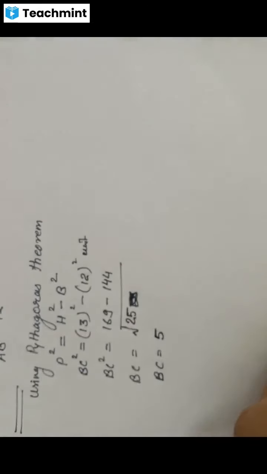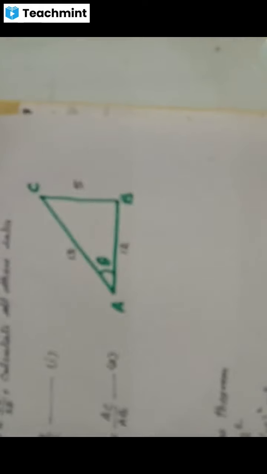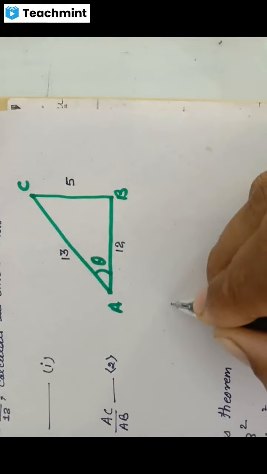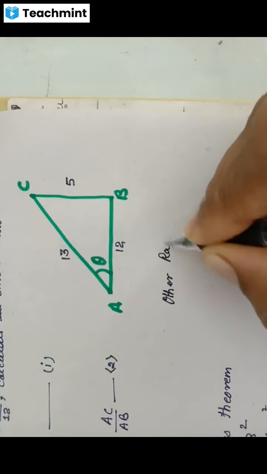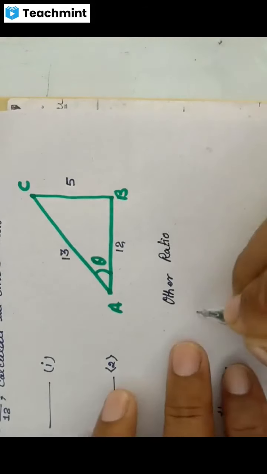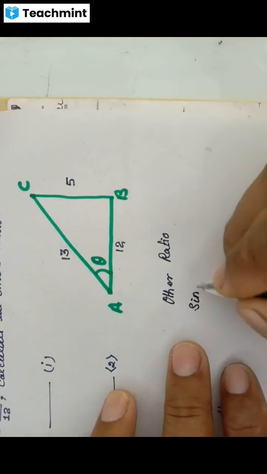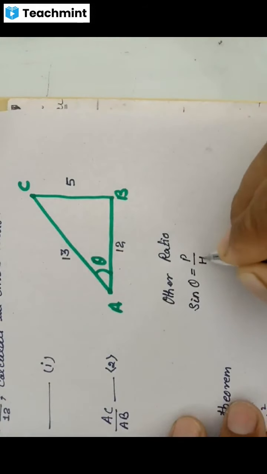Now we have to find out all other ratios. So I am going to start writing under this figure. All other ratios. First of all, sine theta. Sine theta is perpendicular upon hypotenuse.